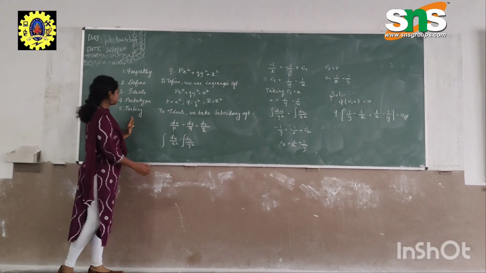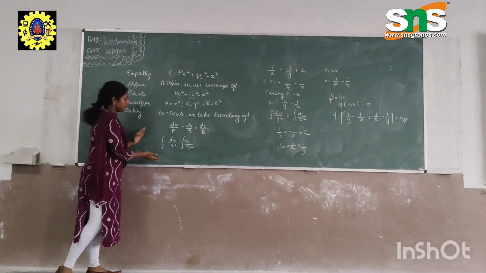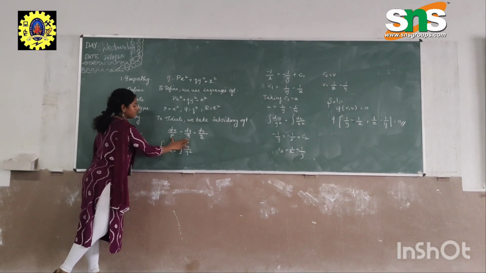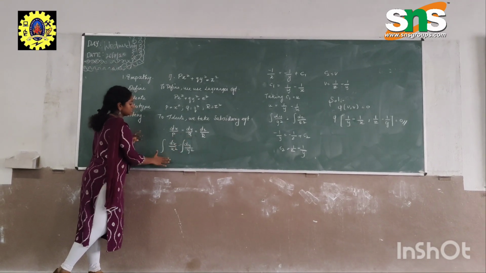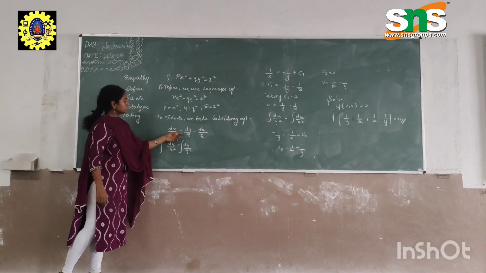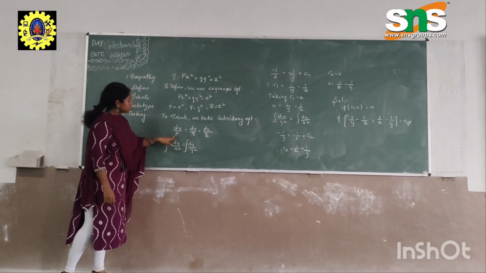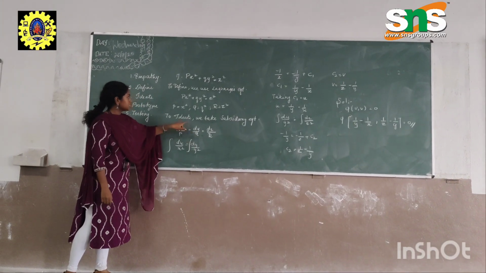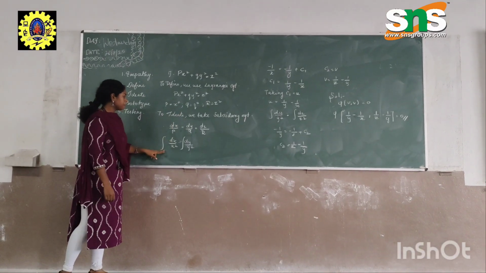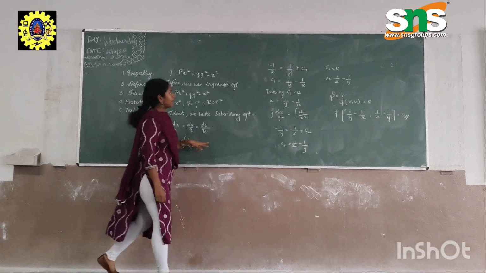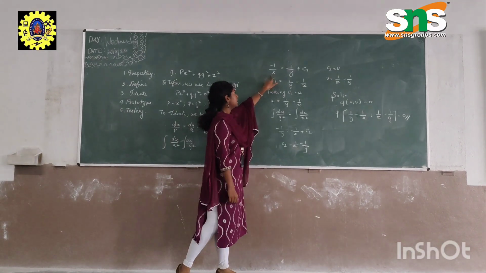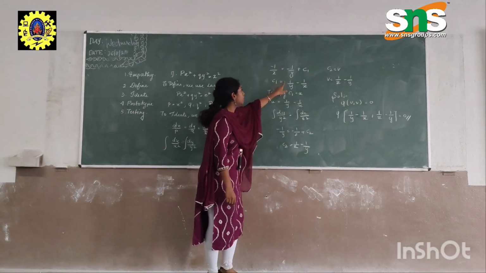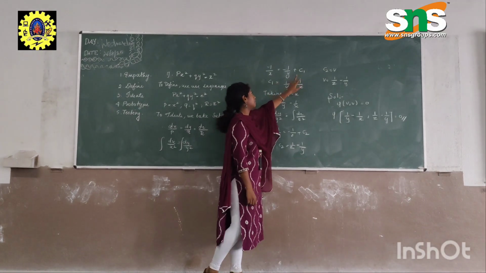In the prototype stage, we take the first two equations, that is dx by P is equal to dy by Q. We substitute P and Q as x square and y square. So we integrate it and we get the solution, that is minus 1 by x is equal to minus 1 by y plus c1.